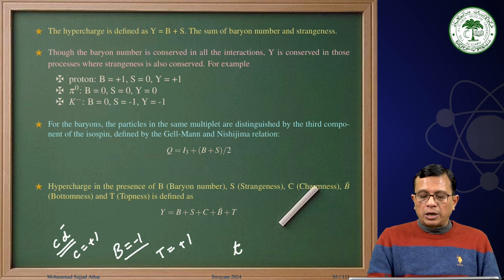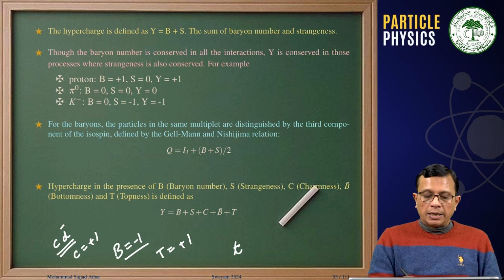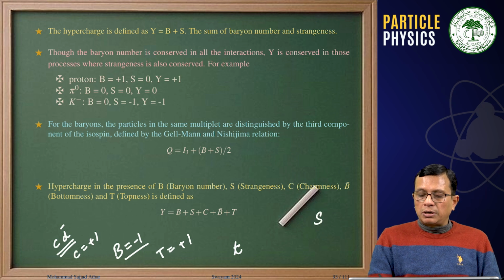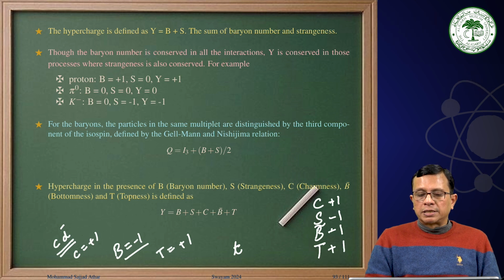Therefore, if we have a top quark, the topness quantum number will be plus 1. Anti-top quark, topness quantum number will be minus 1. For a bottom quark, the bottom quantum number will be minus 1, or for an anti-bottom quark, the bottom quantum number will be plus 1. While therefore we have strangeness quantum number, charmness quantum number, bottomness quantum number, and topness quantum number. Charmness is plus 1, strangeness is minus 1, bottomness is minus 1, while topness is plus 1.